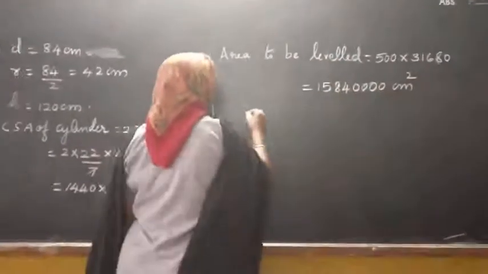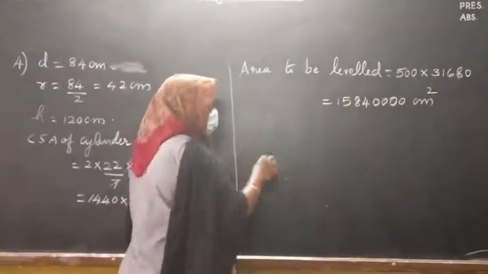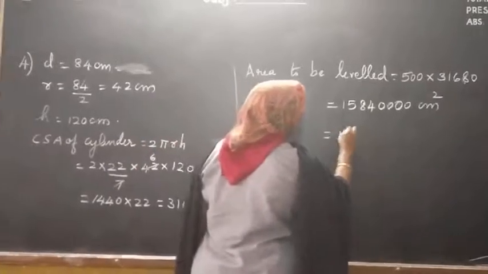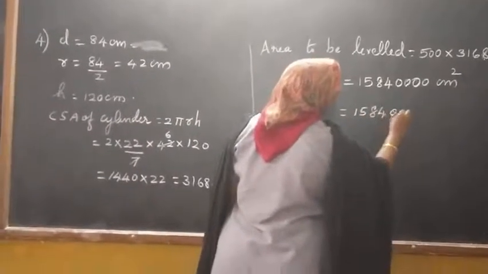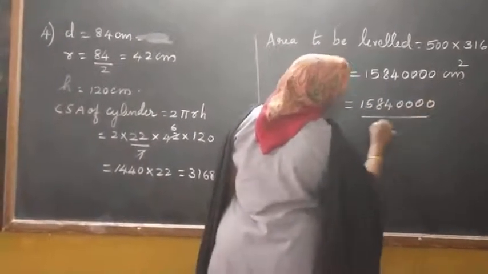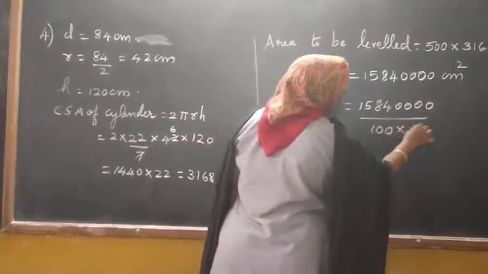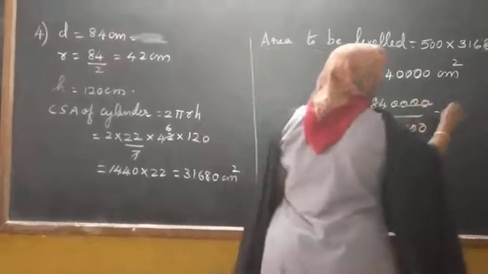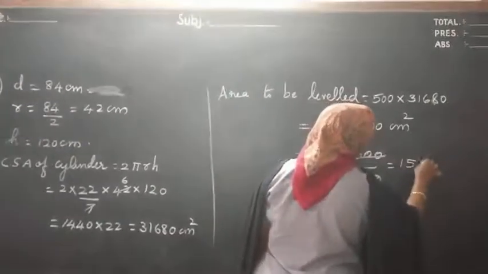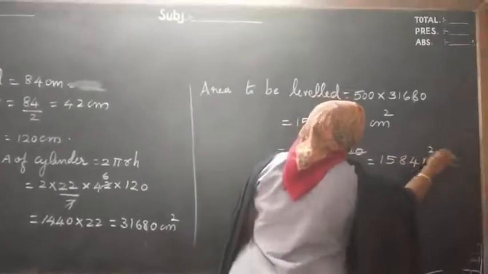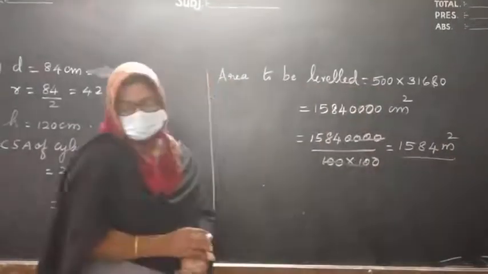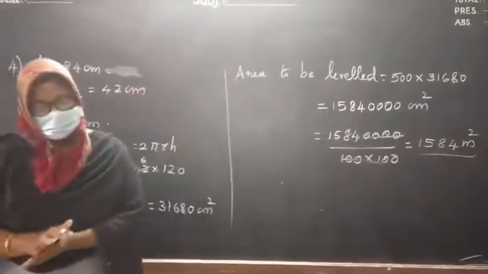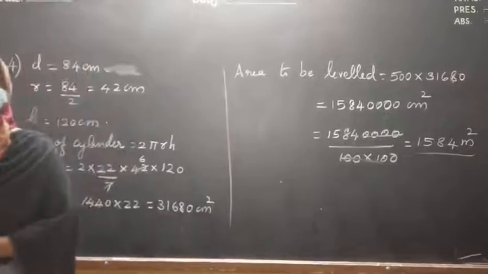So you have to convert it into meter square. So you can cancel those zeros. So 1584 meter square. So that much area you have to level.